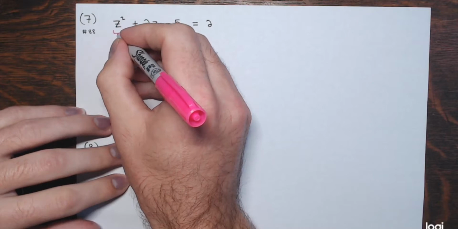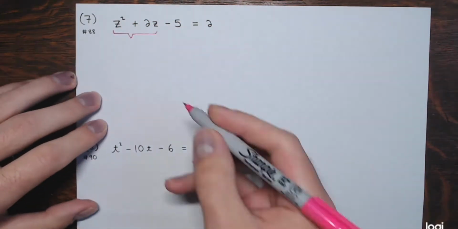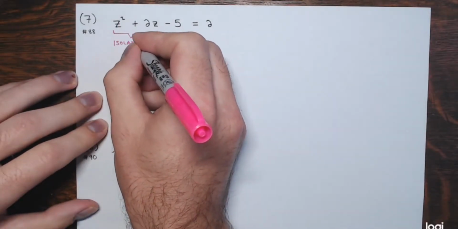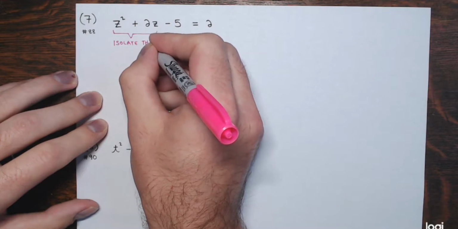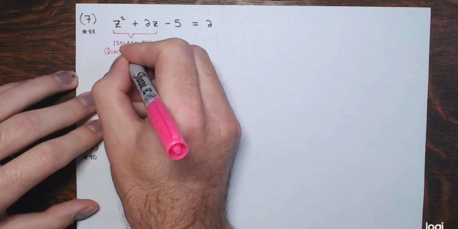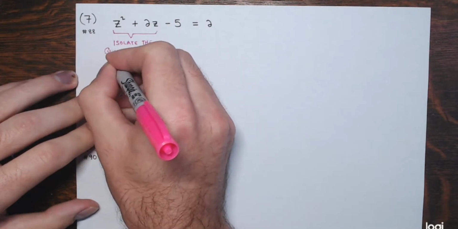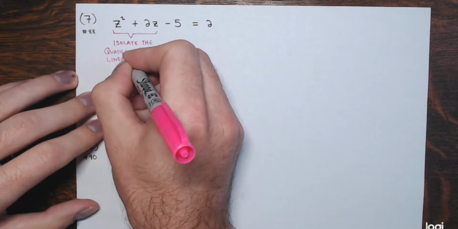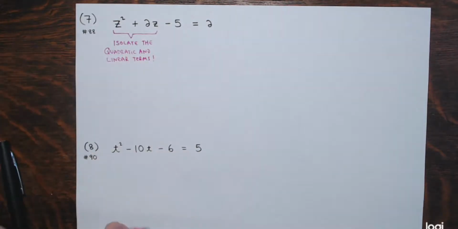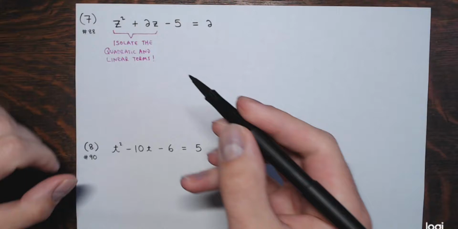Remember, what I want to do is isolate the quadratic and linear term. Get them on their own side. So that would involve adding 5. Alright, so that leads me to this.